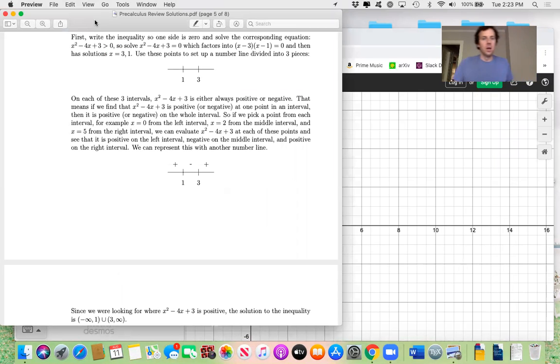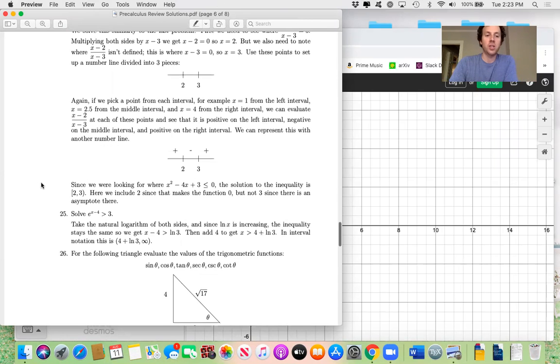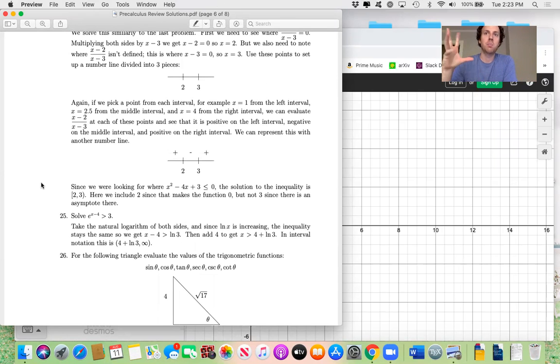So there's a lot more to look at. I, again, recommend taking a look through this and seeing what topics you might need to study some more. All these kinds of questions are going to appear as parts of calculus problems.